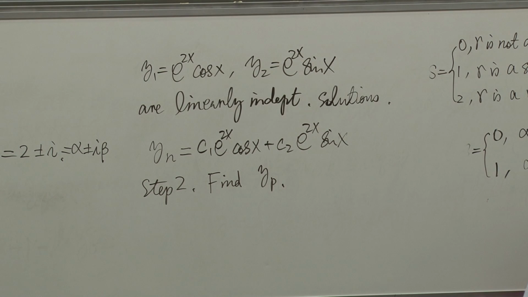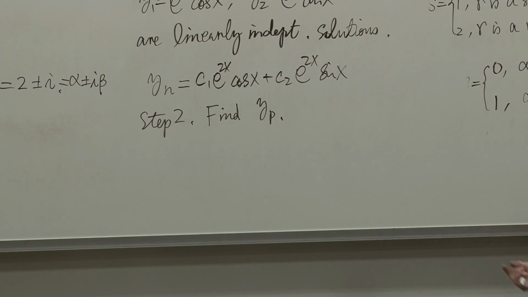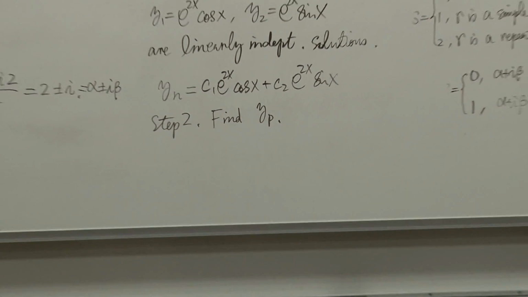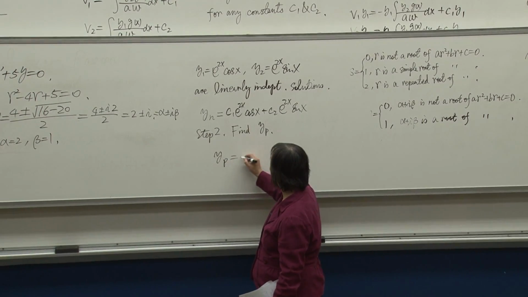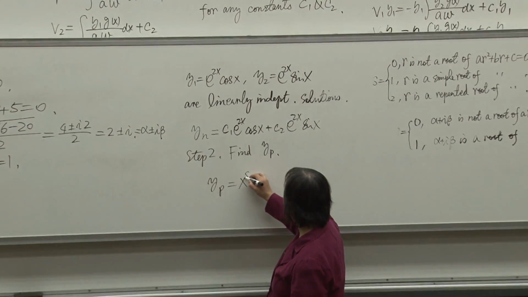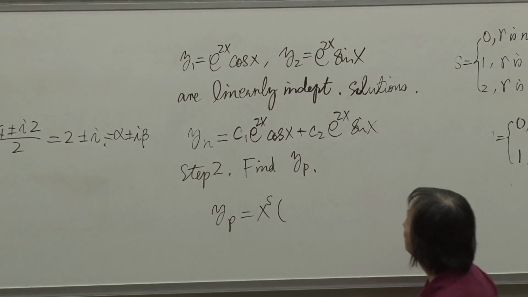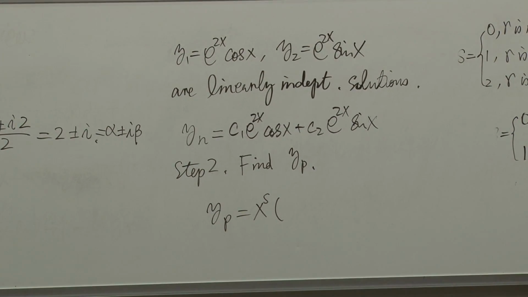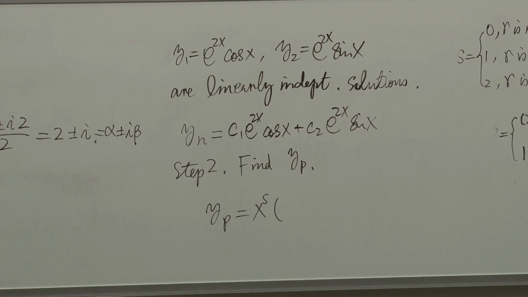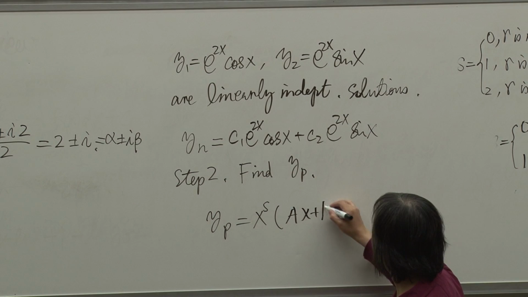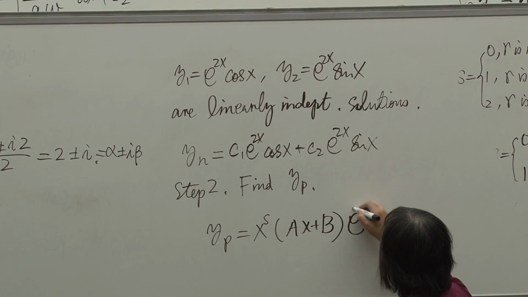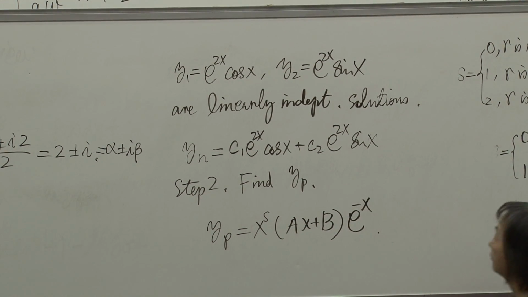So let's talk about which method we should choose. If we use the so-called undetermined coefficient method, then yp should be x to some power s times a polynomial with the same degree as x, which should be ax plus b, multiplied by e to negative x.